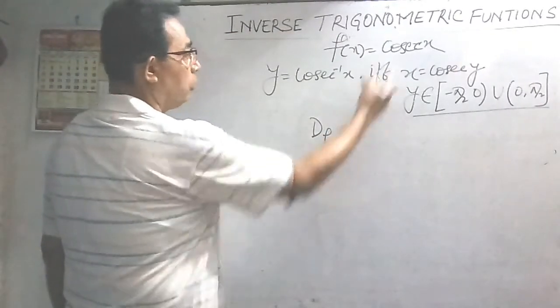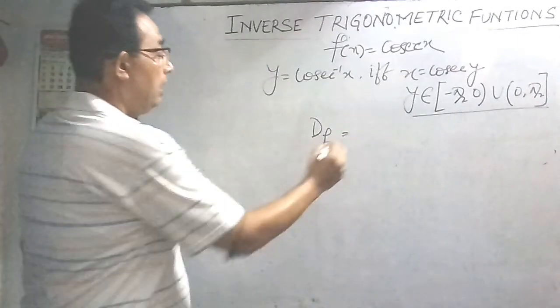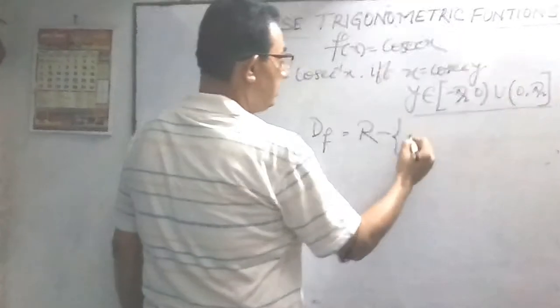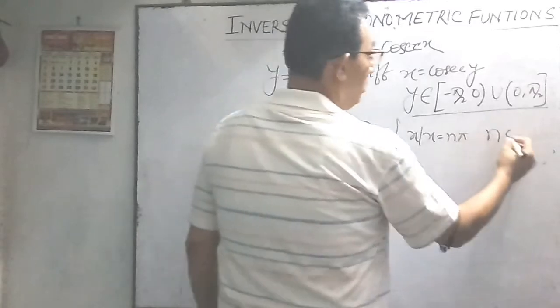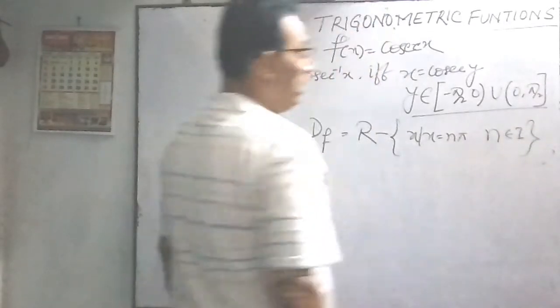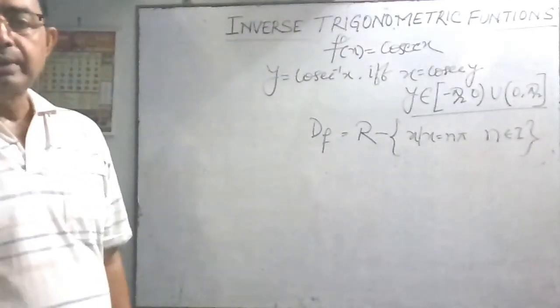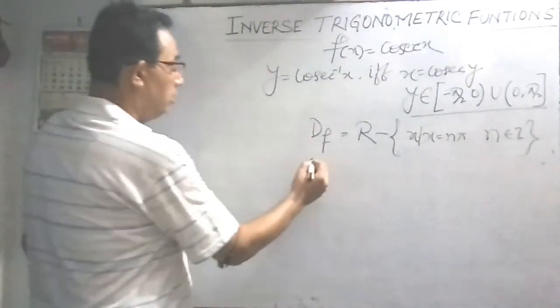The domain of f is what? For cosec x, the domain is R minus x such that x equal to n pi, n belongs to integers.